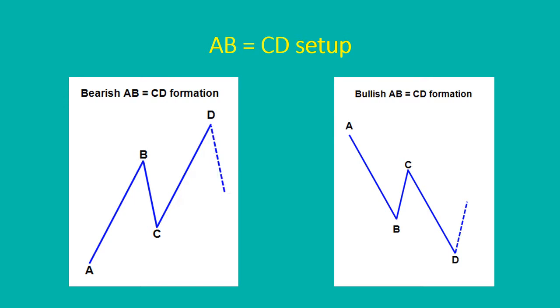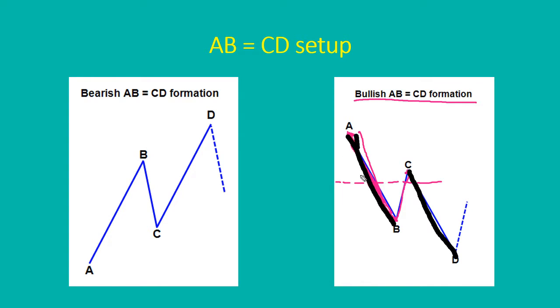The same, only reversed, goes for bullish ABCD formation. So first you identify swing point A, swing point B, then you want to see a point C, which is above 50% from this distance, and then you measure the distance from C to D, which is the same as from A to B. Alright, those two are the same.